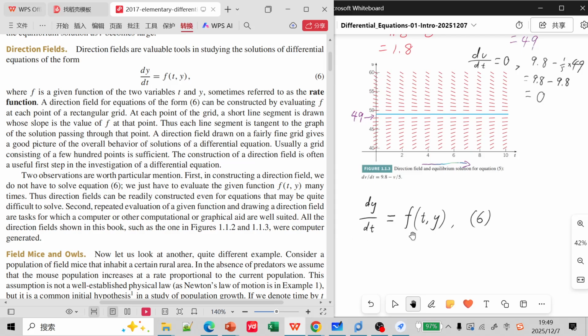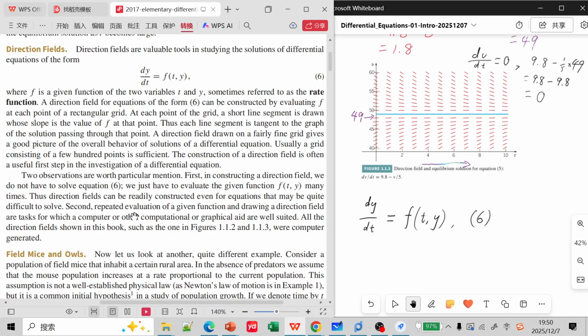This means we do not have to get the real y, the y of t. We do not have to calculate that solution. We just have to evaluate the given function f of t and y many times. Thus, direction fields can be readily constructed even for equations that may be quite difficult to solve.